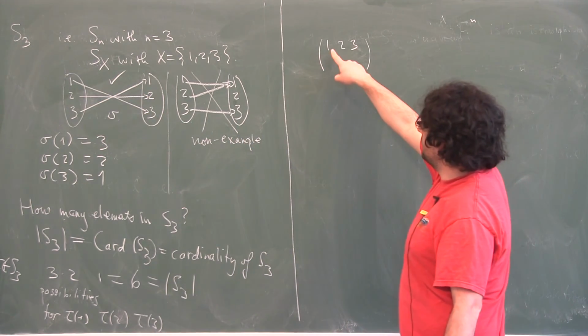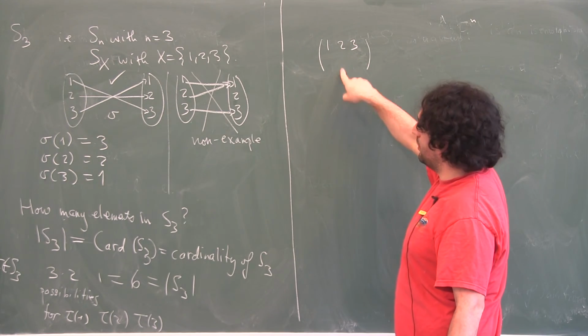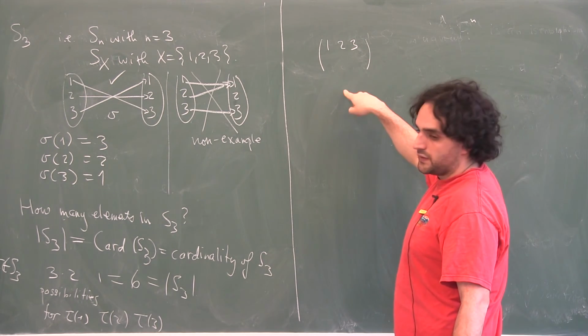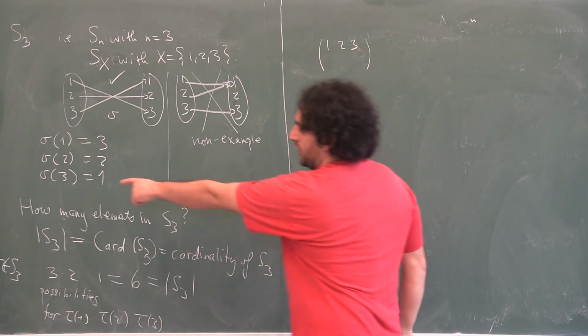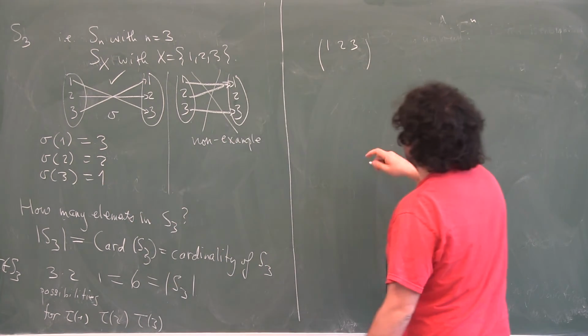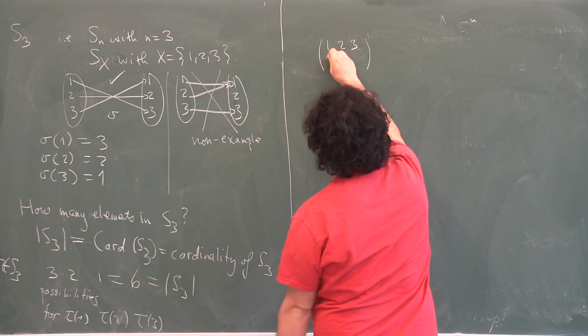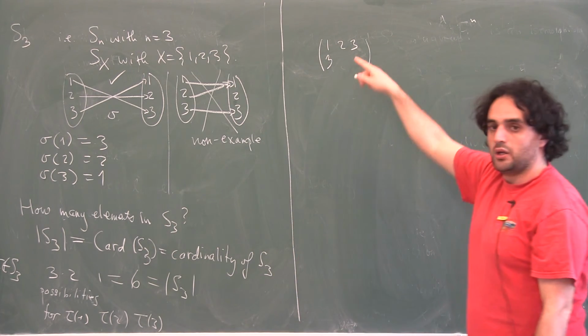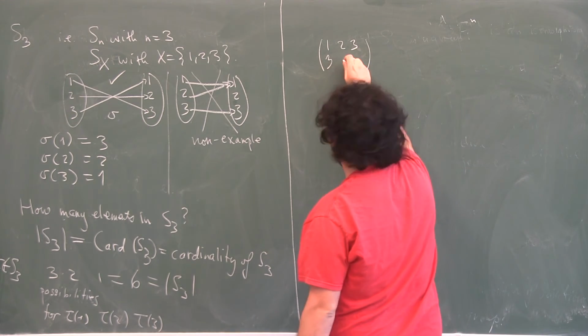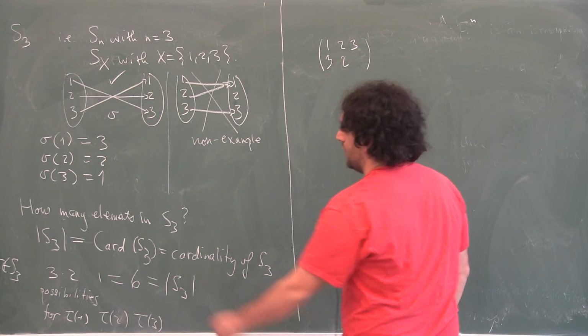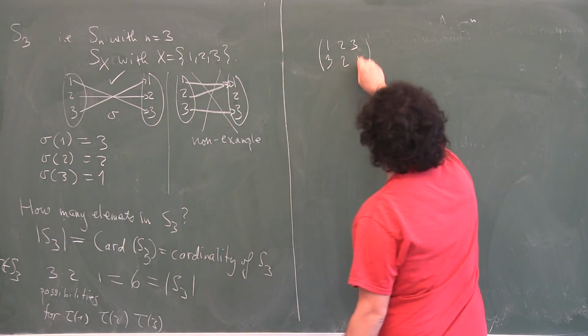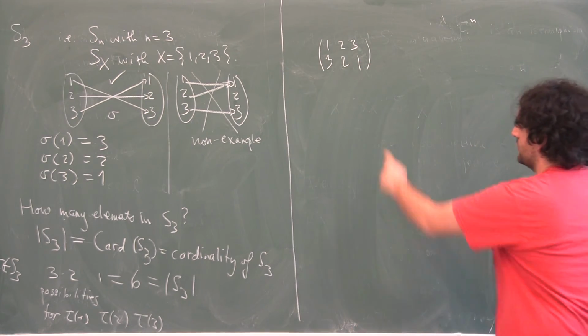Now below each number, I'm going to write where it's sent by the function. So if I'm looking at this sigma over here, then sigma of 1 goes to 3, so I write 3 below 1. Sigma of 2 goes to 2, I write 2 below 2. And sigma of 3 goes to 1, I write 1 below 3.